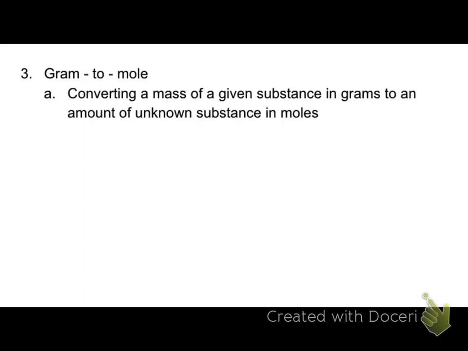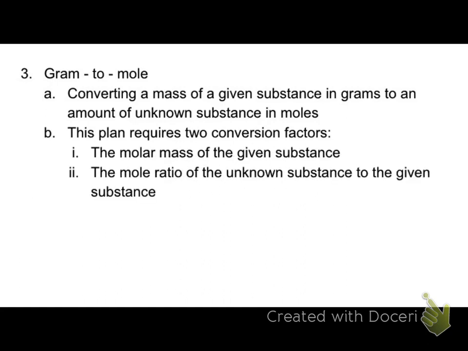So for this one, you're converting a mass of a given substance that they've given you in grams to an unknown substance in moles. Same 2 conversion factors are required. You need the molar mass, this time of the given substance, instead of the unknown, because you're going to go from the given substance to moles, and then you'll still need the mole ratio from the equation.